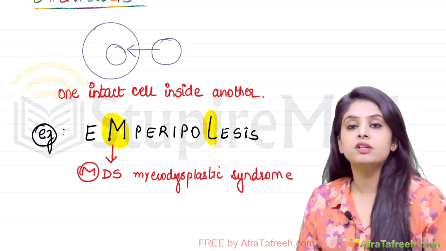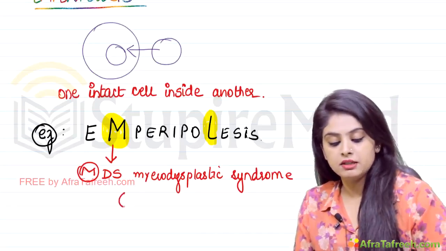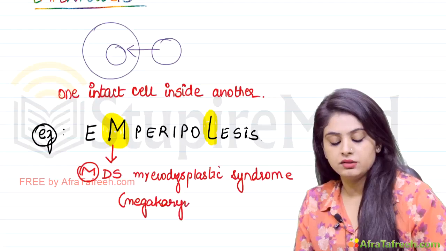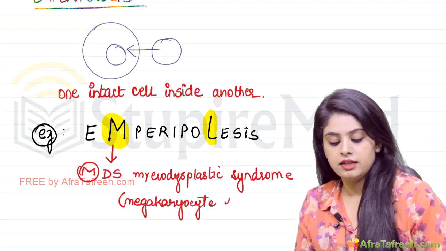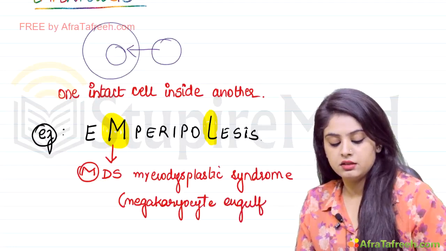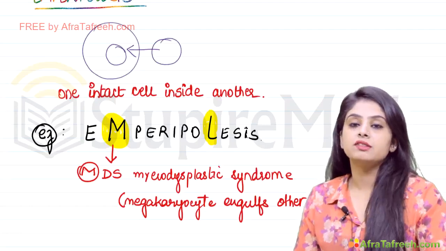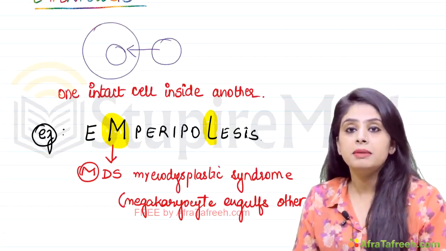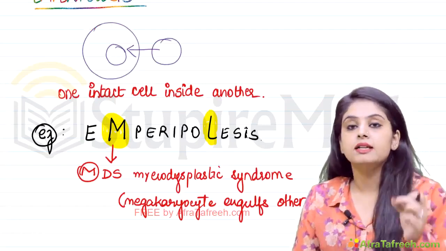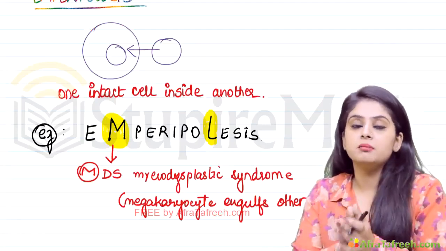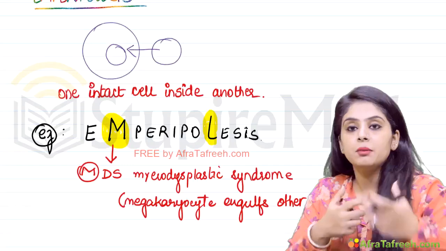This is one syndrome that we will study eventually in hematology, and this syndrome is showing Emperipolesis. That is, what cell is eating? Remember the megakaryocyte. The megakaryocyte engulfs other cells. What is a megakaryocyte, students? Megakaryocyte is the precursor of a platelet, and in myelodysplastic syndrome it starts eating up other cells.